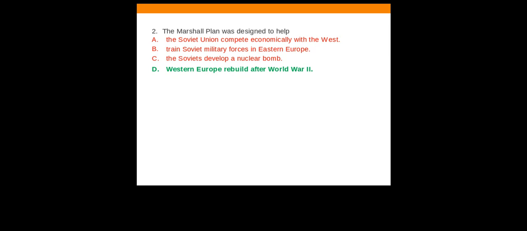So after the war is over, we give about $13 billion, which in today's money is about $130 billion, to Europe to help them rebuild after World War II because the country is just torn apart. So it would only be an advantage to us to help them rebuild. Okay, so on your flashback sheet, you can just write Marshall Plan designed to help rebuild.